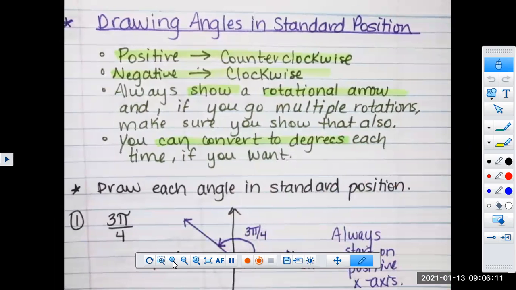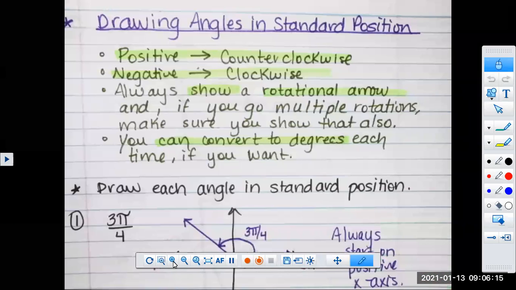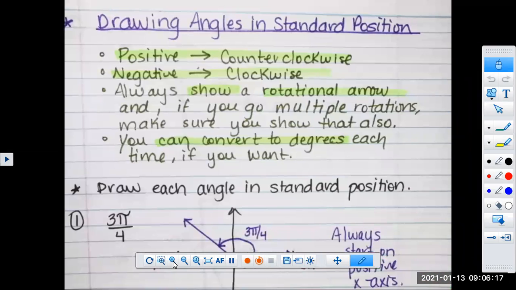All right, so every time you draw these angles, you're gonna sketch your X and Y axis. You're always gonna start on which side? Where are you gonna start every time? Good, you're always gonna start at the positive X axis. You're gonna rotate counterclockwise if it's positive, clockwise if it's negative.